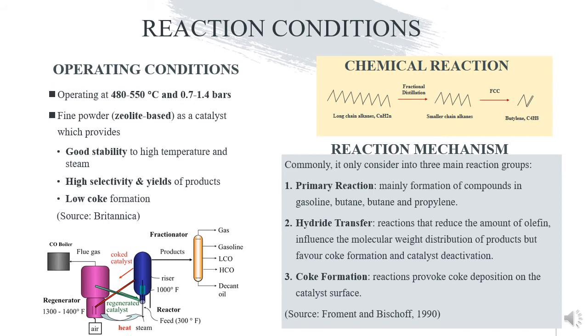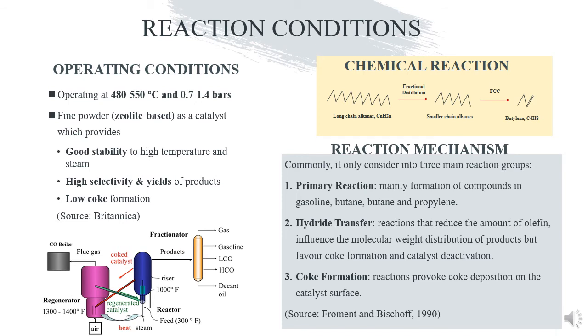Okay, moving on to the next part, that is the chemical reaction. Basically, it involves long chain alkanes to produce smaller chain alkanes by fractional distillation and further reaction to produce butylene from the FCC process. The process involves high temperature and low pressure. It also uses a zeolite-based catalyst in the form of fine powder, which provides good stability, high selectivity and yield, and low coke formation.